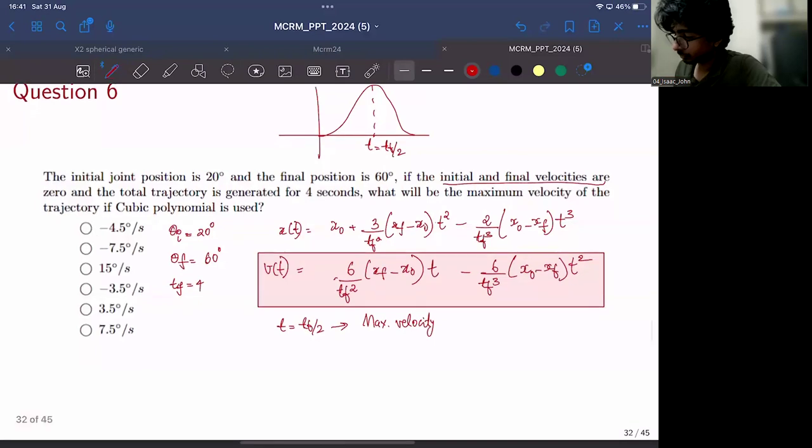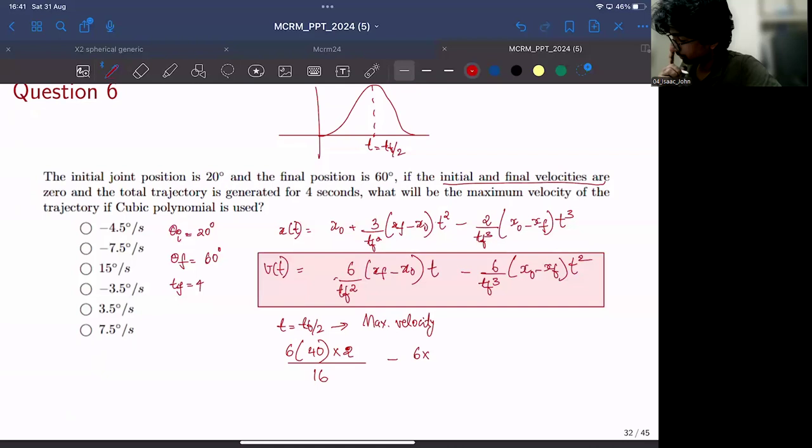So what will that be? If I substitute everything, 6, xf minus x0 would be 40, and half of 4 seconds would be 2 seconds. We'll have here tf square, that will be 16, minus 6 multiplied by x0 minus xf.